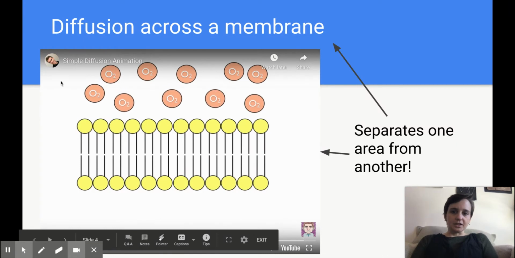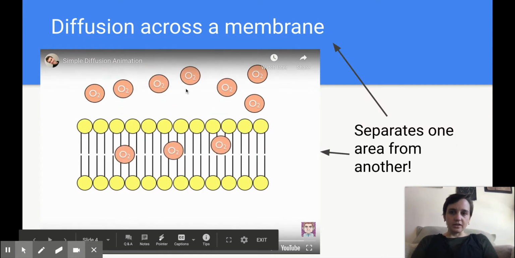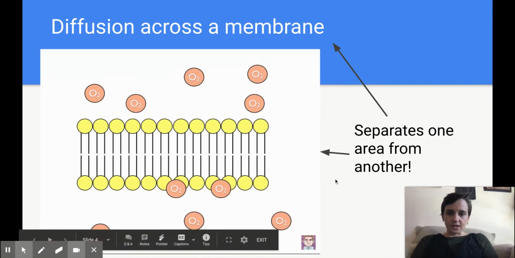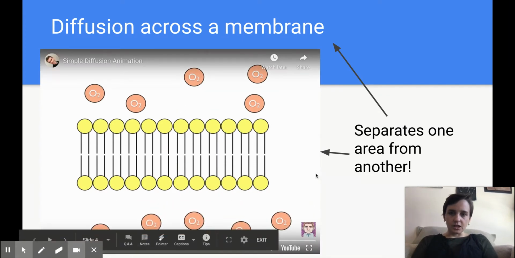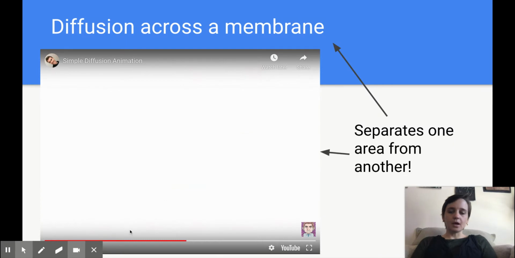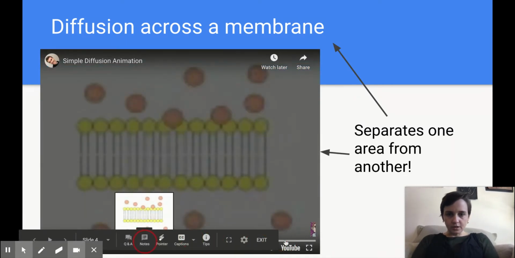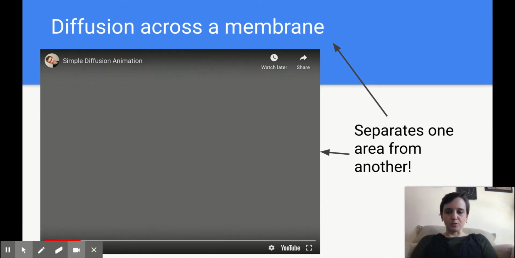Here's my area of high concentration, and the oxygen particles are moving through to this area of low concentration, and now it's equal. Okay. Just watch it one more time.